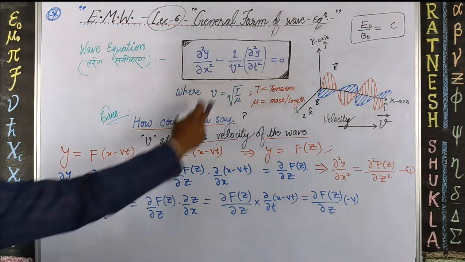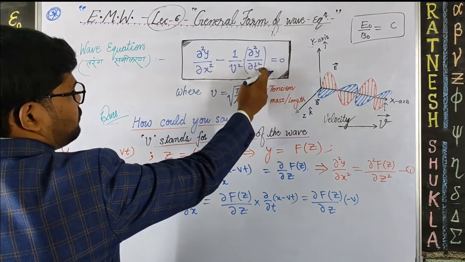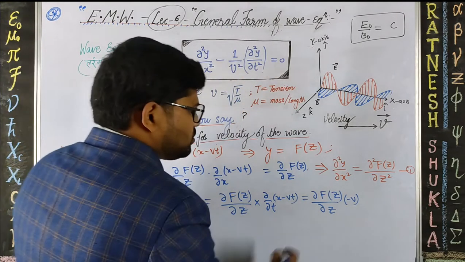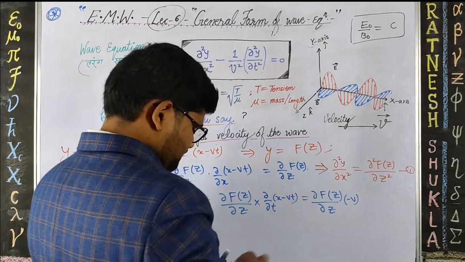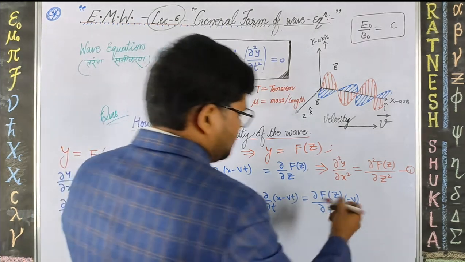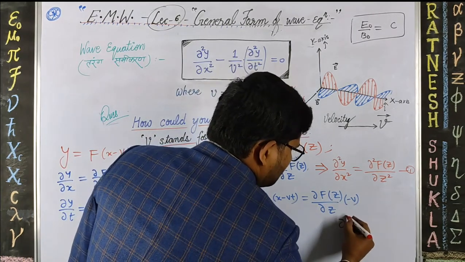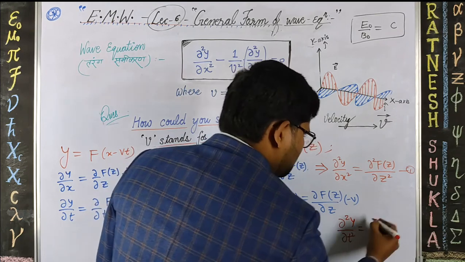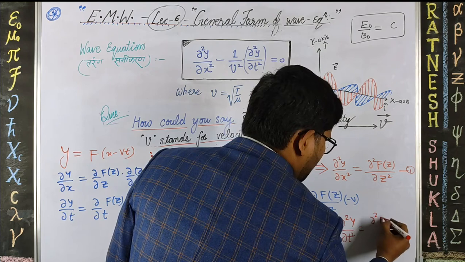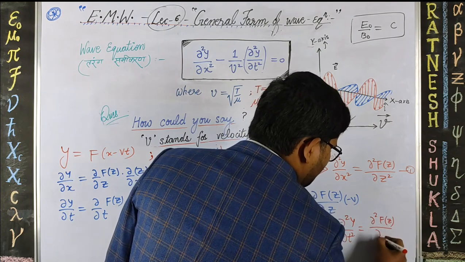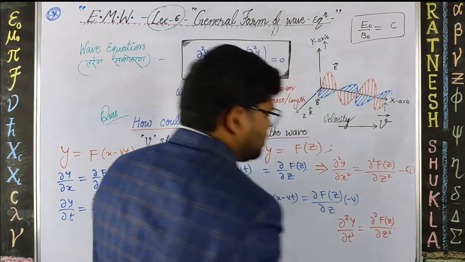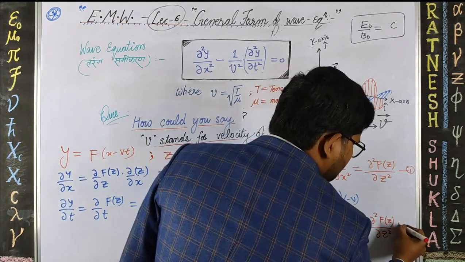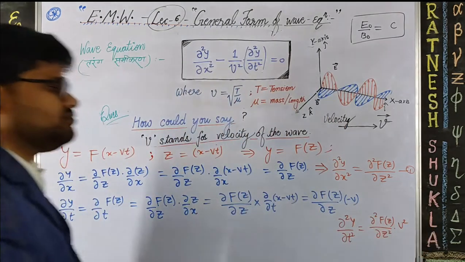Next, here is the second derivative with respect to t, so you differentiate twice. Therefore, the second derivative, I am writing without doing the process, d2y over dt square equals d2f of z over dz square into minus v whole square, that is v square.